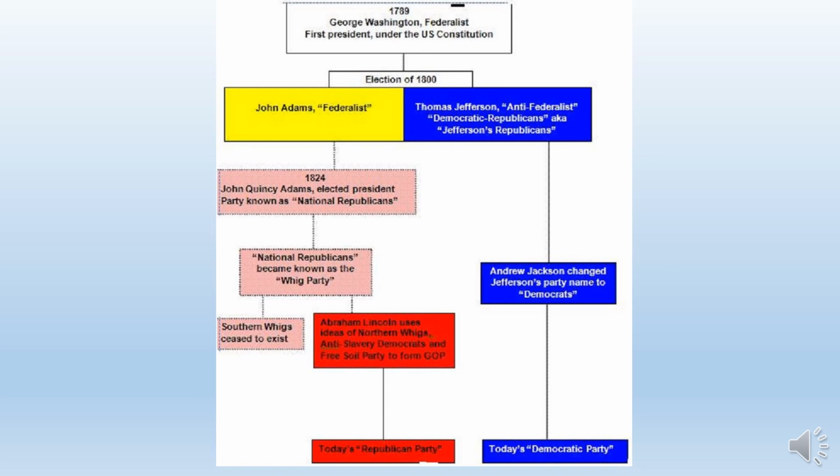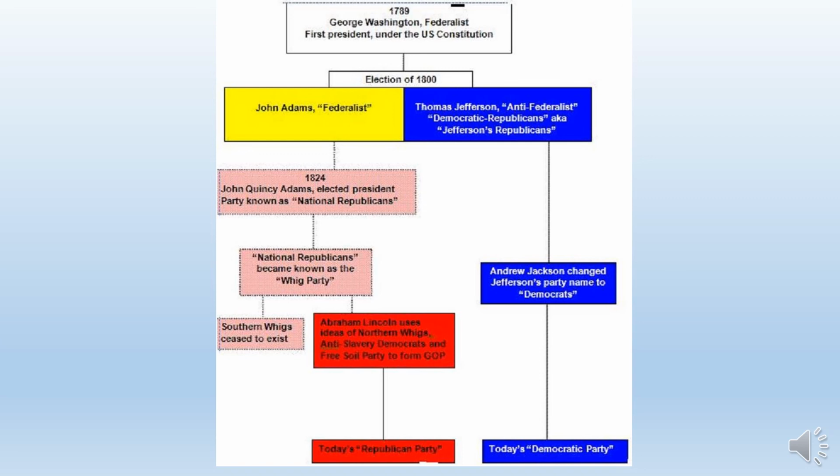He will be the first president under the Constitution, but the first party system, you see yellow and blue, you see the Federalist under John Adams versus the anti-Federalist Democratic Republican, Jefferson's Republicans, whatever you want to call them, Thomas Jefferson. Then, of course, Jefferson's party evolves into the Andrew Jackson Democratic Party, and then finally today's Democratic Party.